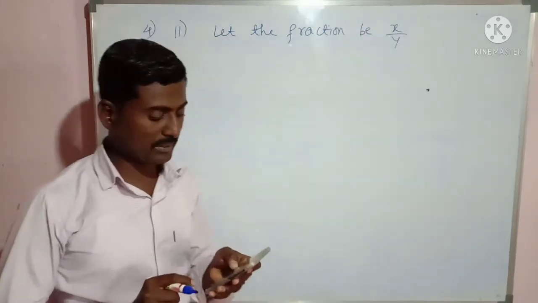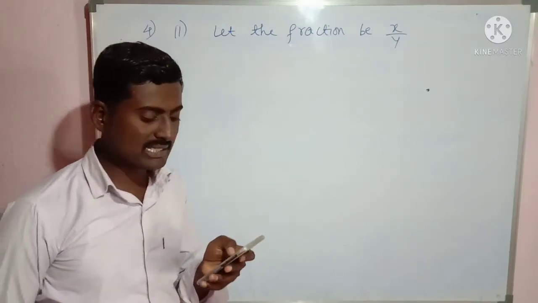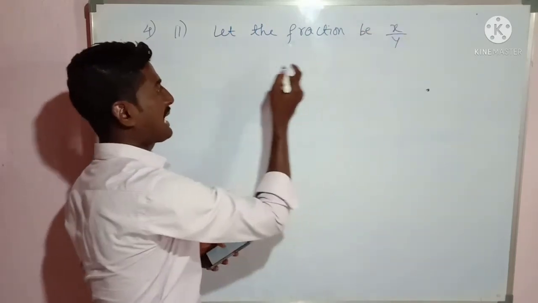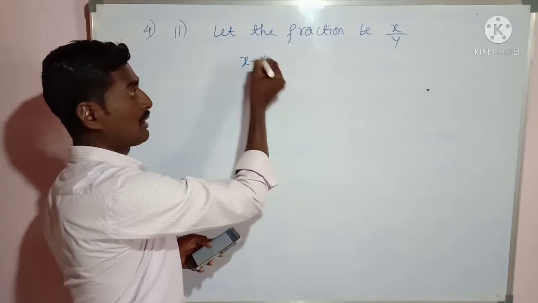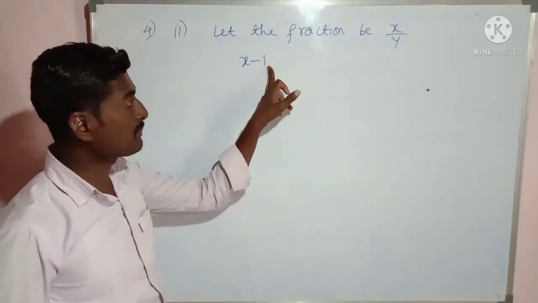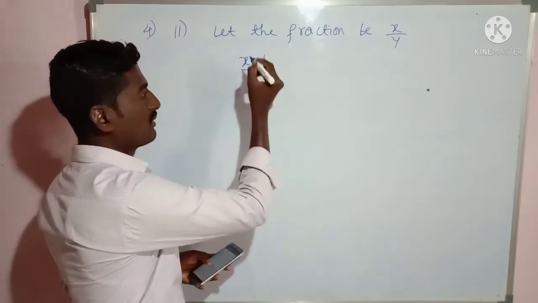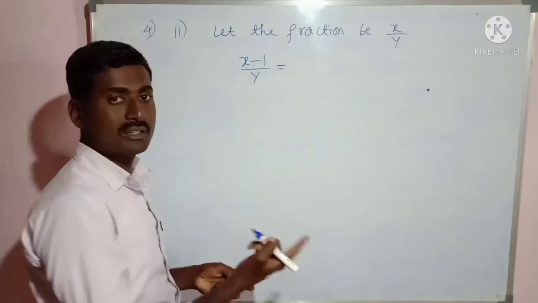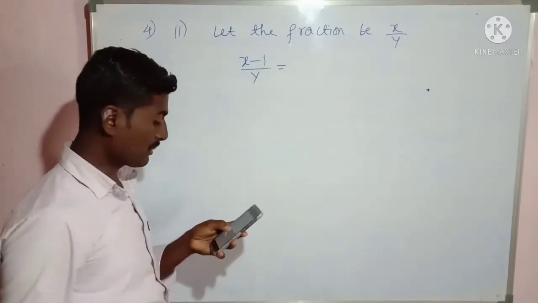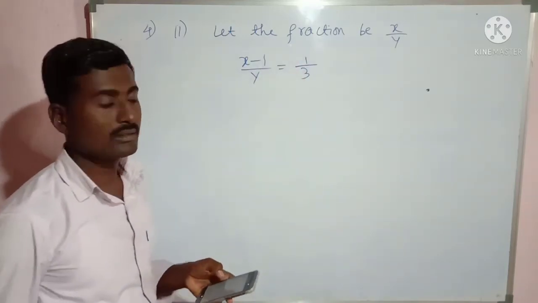Now you can see the statement: a fraction becomes 1 by 3 when 1 is subtracted from the numerator. Numerator means x minus 1, so x minus 1 divided by y is equal to 1 by 3.